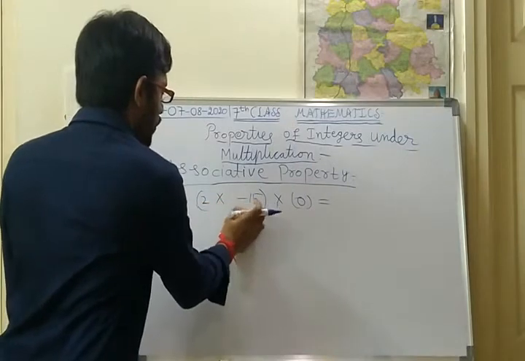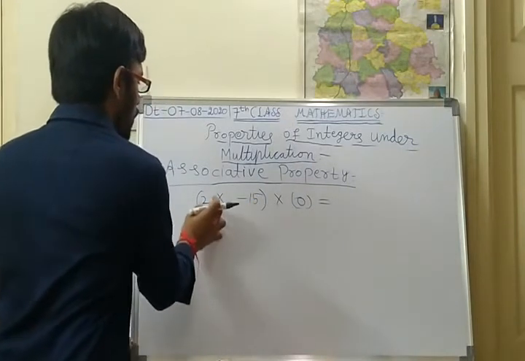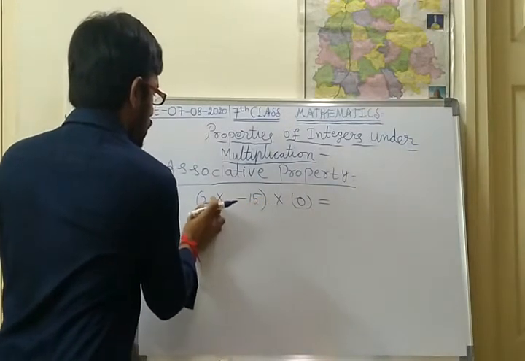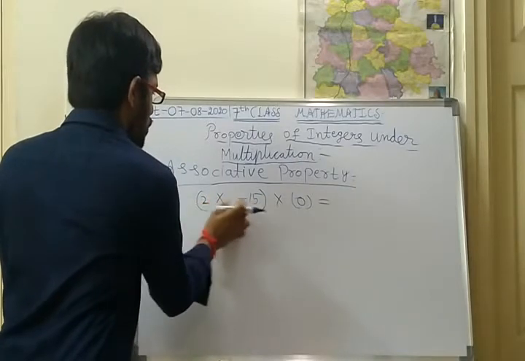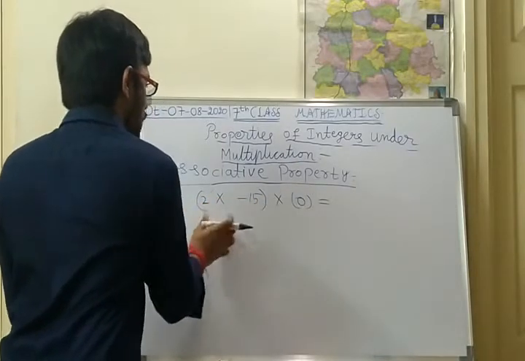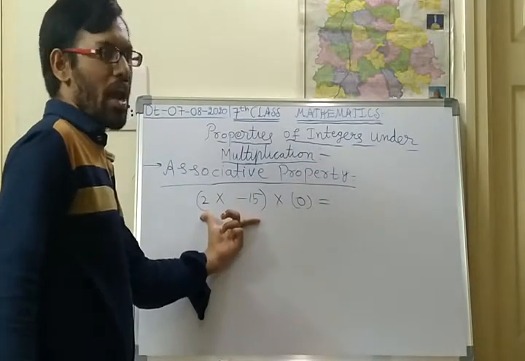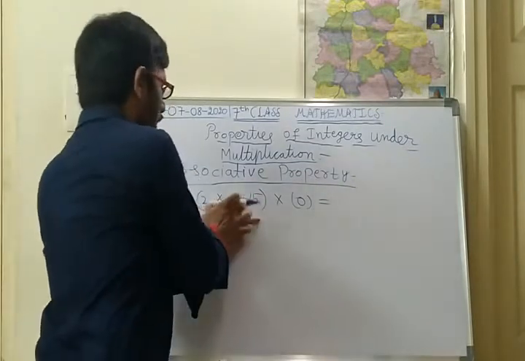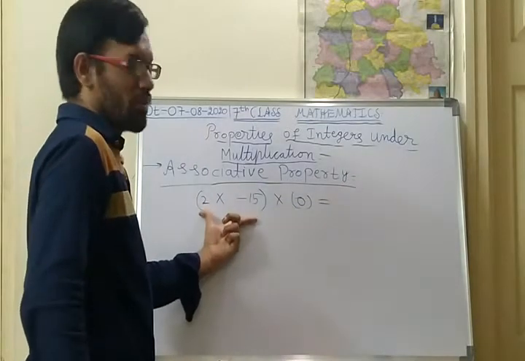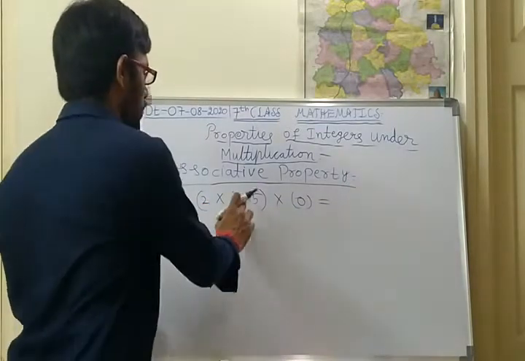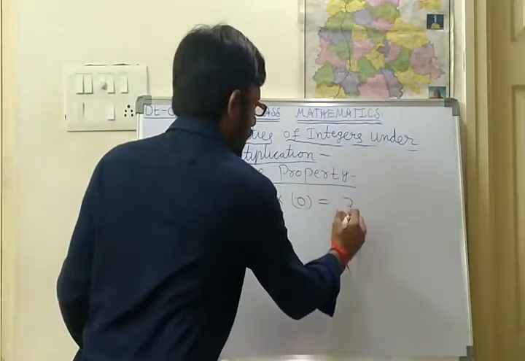First, 2 into minus 15. Whatever the bracket is there, first you should solve the bracket. 2 into 15 is 30.